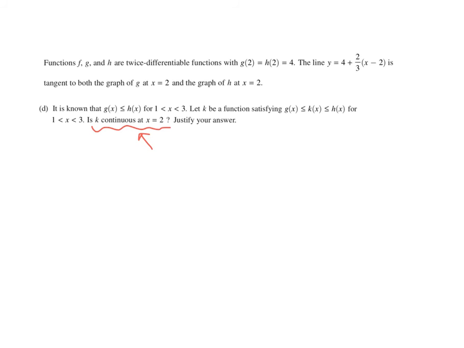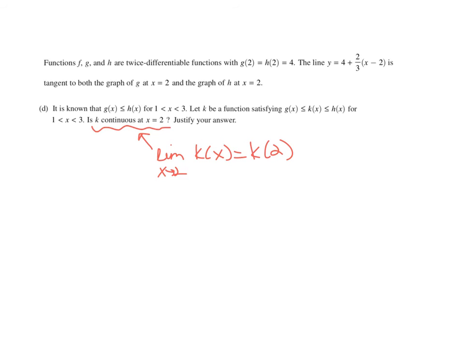So k is continuous at x equals 2 if the limit as x approaches 2 of k of x is equal to k of 2. So that's how you can show that something is continuous. So we need to show that the limit and k of 2 are equal.